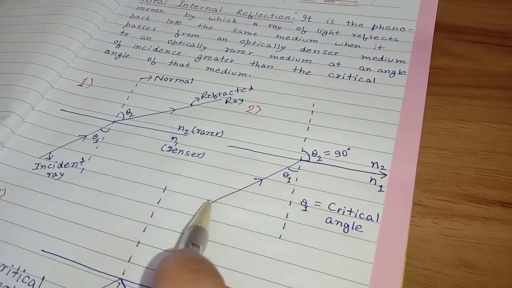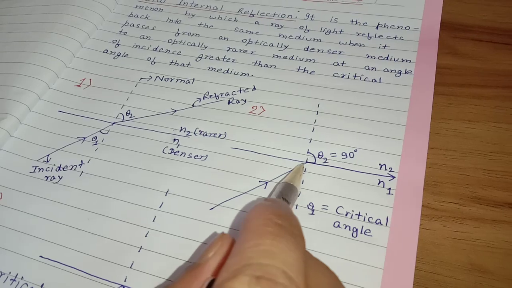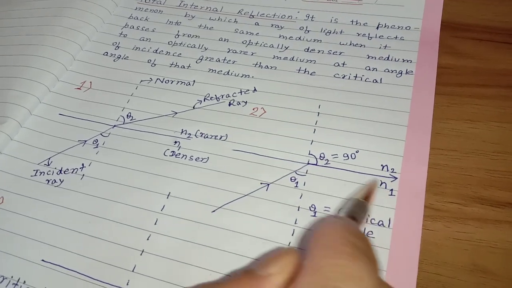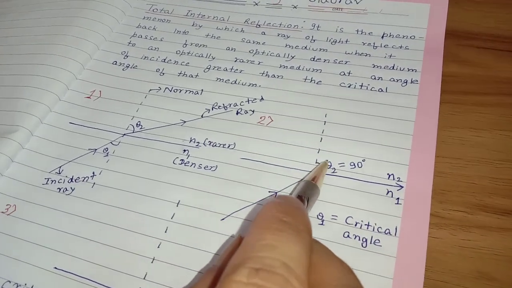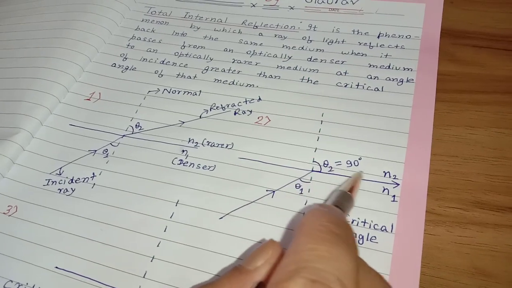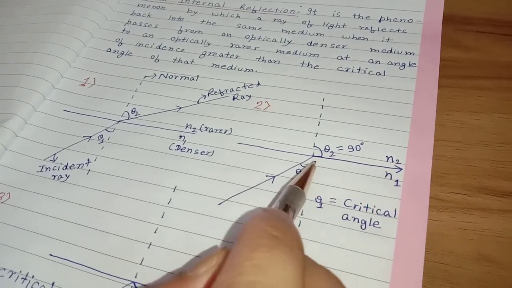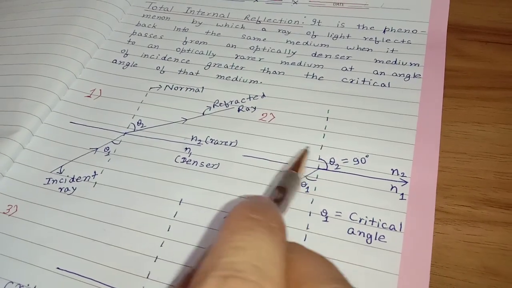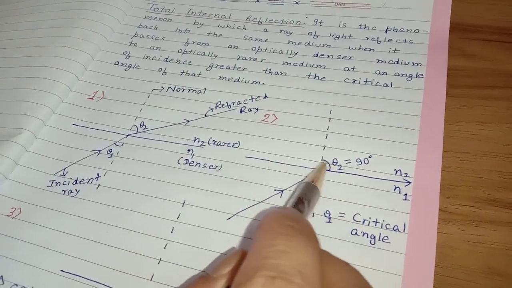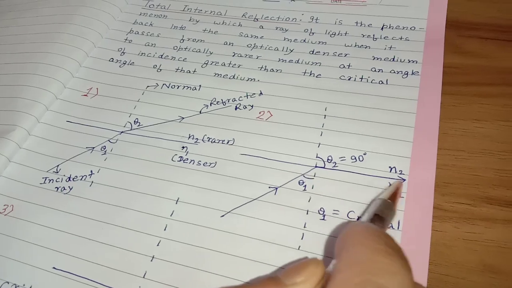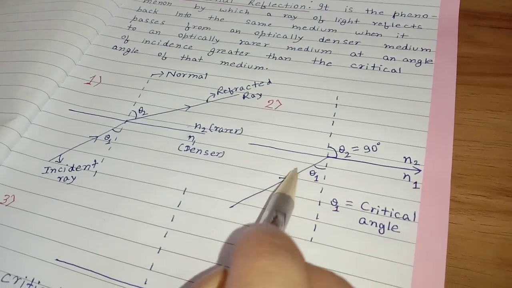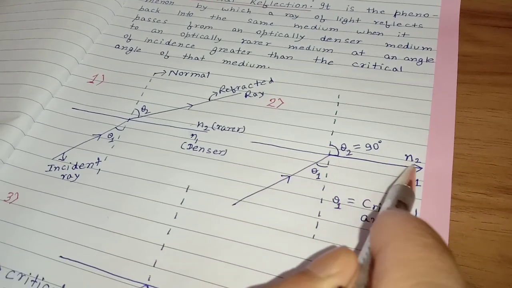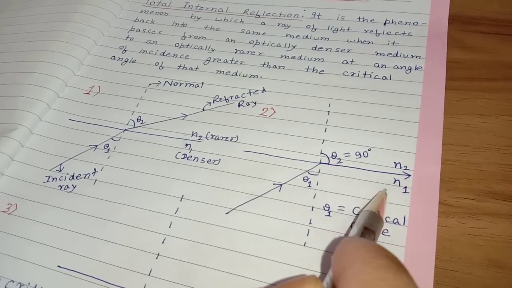That means suppose a ray of light is passing from a denser medium of refractive index N1 and it gets refracted into the rarer medium with a refractive index of N2. Now if we consider that the angle of incidence is theta 1, and the ray of light gets refracted at an angle of 90 degrees, that means the refracted ray passes along the surface between medium 1 and medium 2.